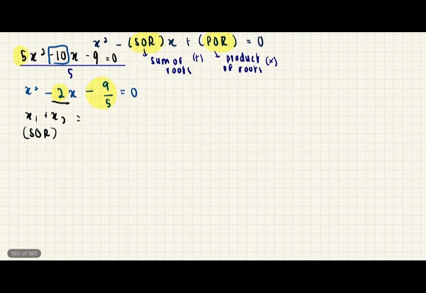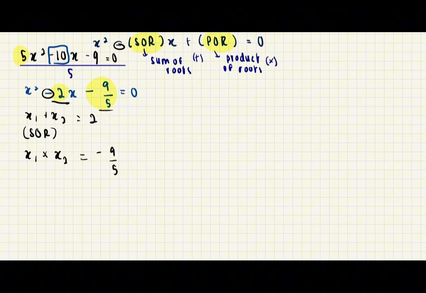Don't count the negative. Don't put negative 2. This negative is already here. Now our POR, x1 times x2, equals negative 9 over 5.